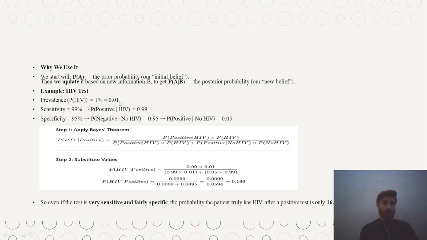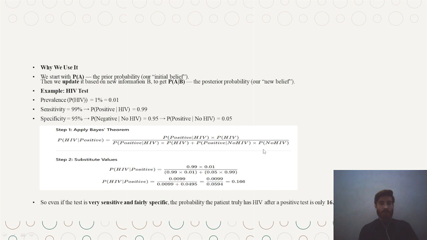So prevalence is here. Similarly for this, it is actually the positive results. This is the negative results with no HIV, but we need positive results with no HIV. So it will be subtracted from the specificity and it will come 0.05.